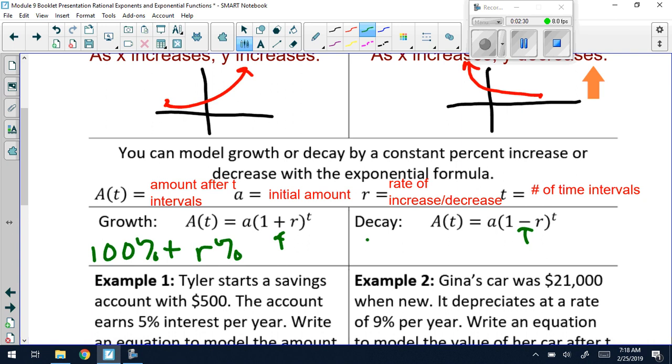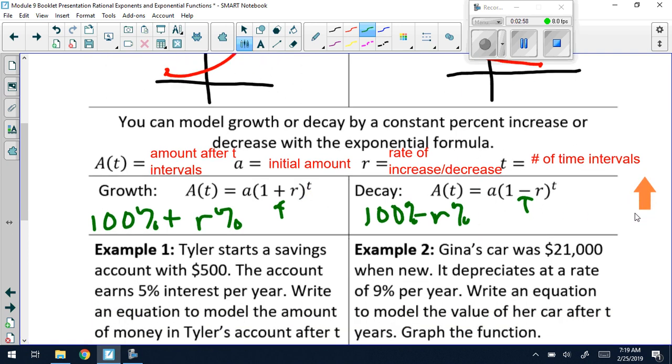And then here, we're subtracting because it is decay, it's going down, so we're subtracting. So that's the difference between our growth formula and our decay formula. It's just the plus versus the minus. Notice that the number of time intervals, again, years most of the time, is in the exponent, which is what makes this exponential. All right, let's look at two examples.